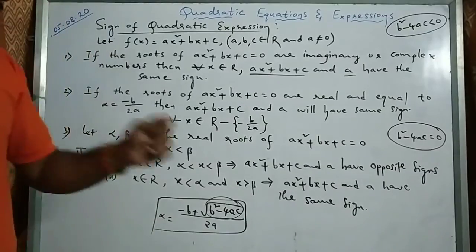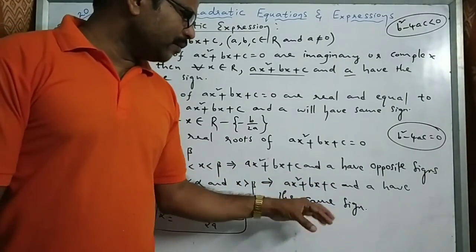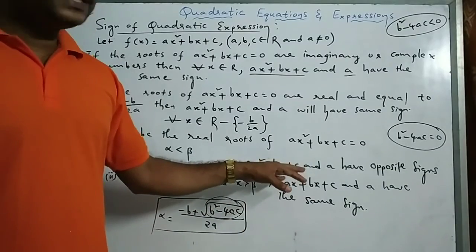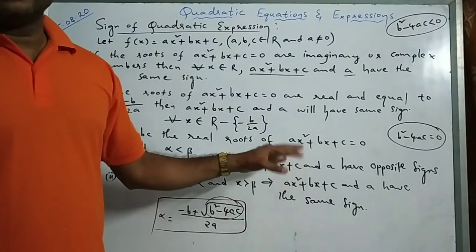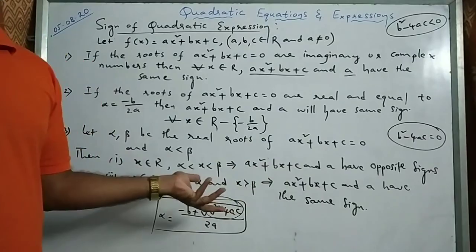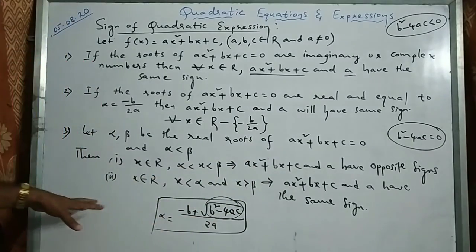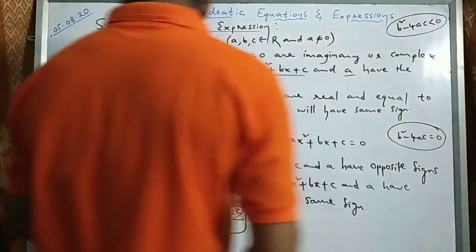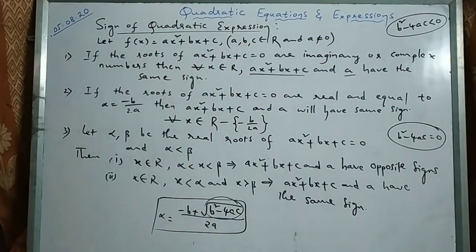Same sign means both are positive or both are negative. Opposite signs means plus minus or minus plus. When we do the problems, you can understand. So we will see some more concepts in the next class. Thank you.